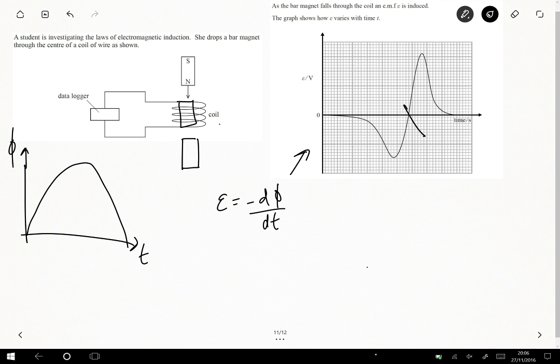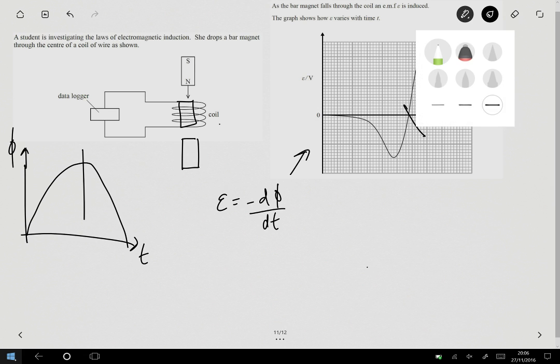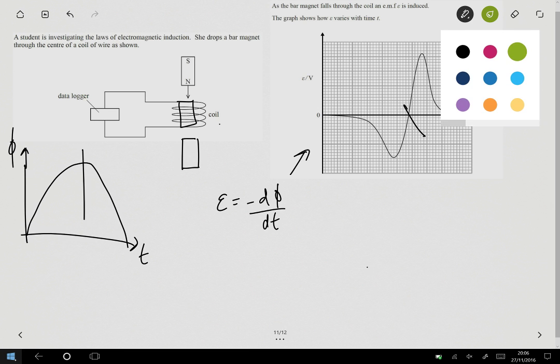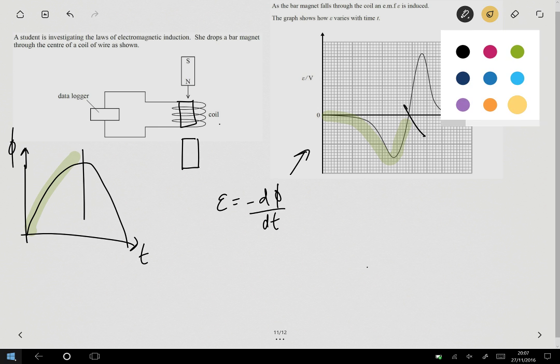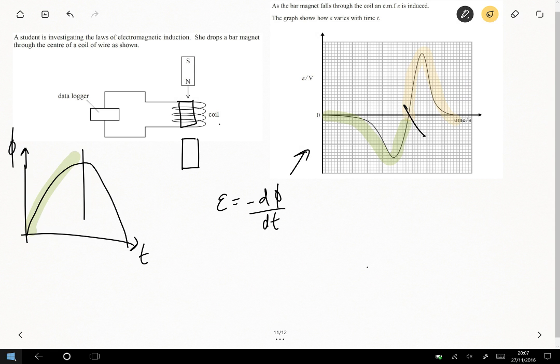So in this first section of the graph, and I'm going to put my line here, we're looking at this half of the graph. In this part of the graph, we have a negative voltage induced. In the second part of the graph, we have this positive voltage.